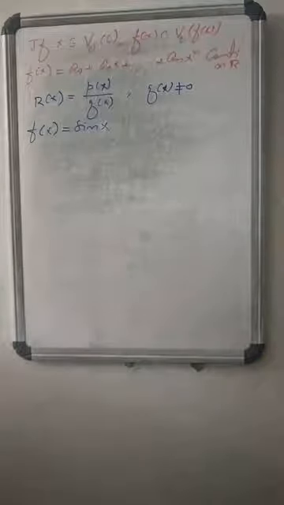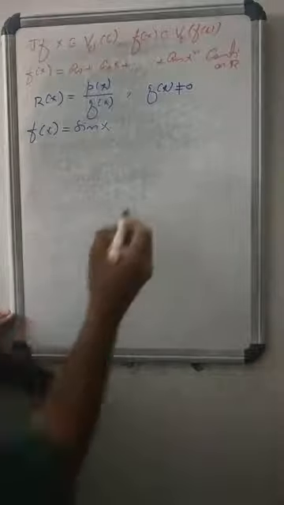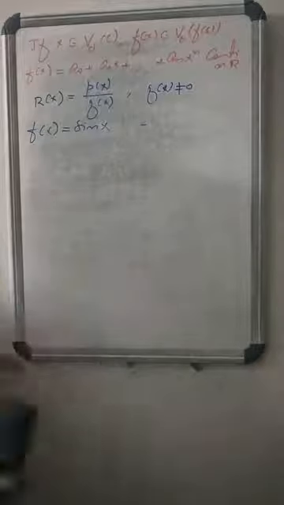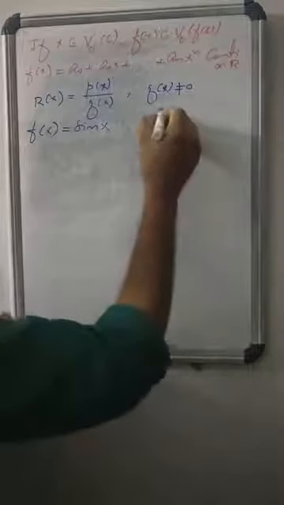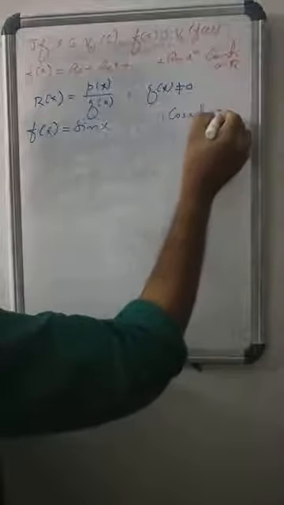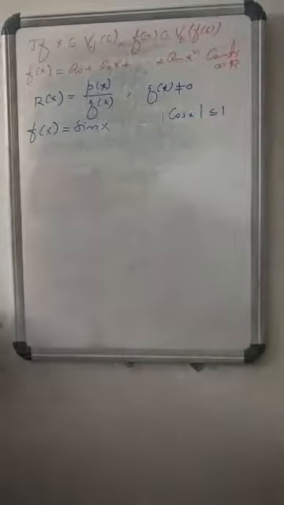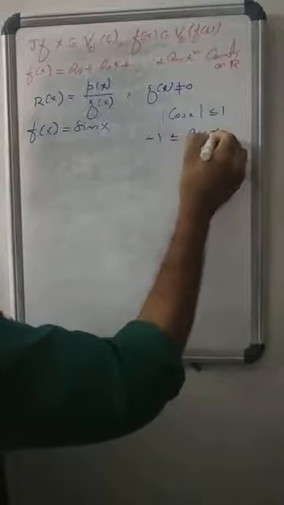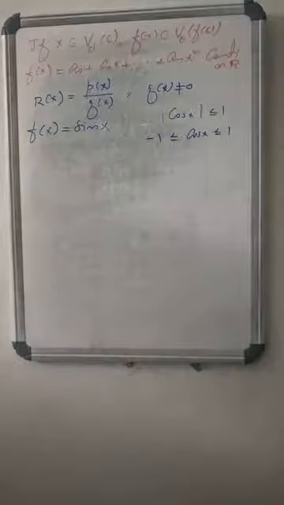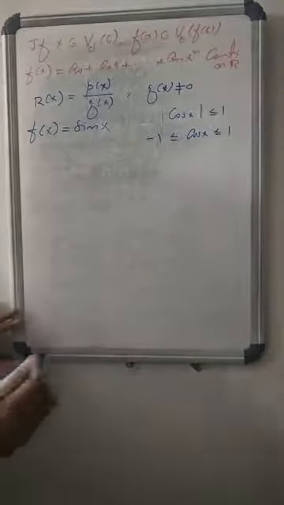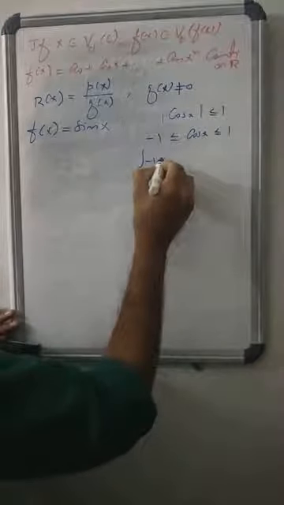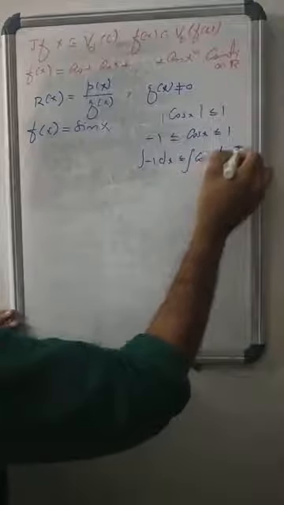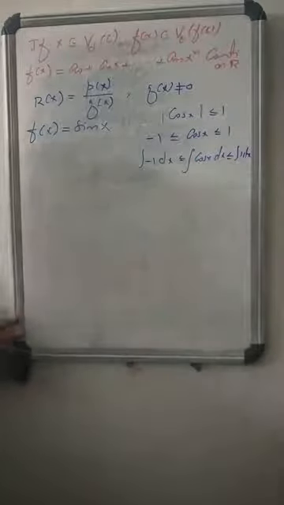For that, we know that mod cos x is less than or equal to 1. That is, minus 1 less than or equal to cos x less than or equal to 1. Agreed. If you integrate, integral minus 1 dx less than or equal to integral cos x dx less than or equal to integral 1 dx.